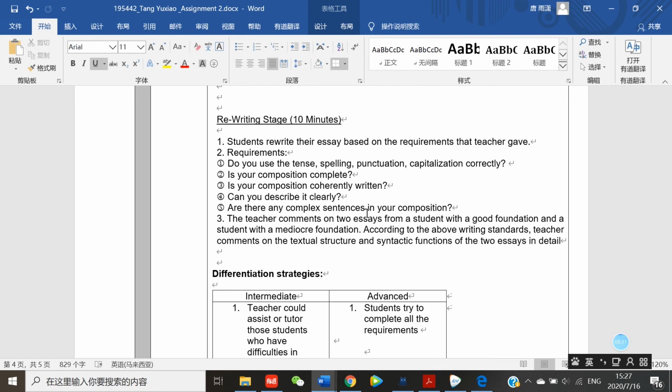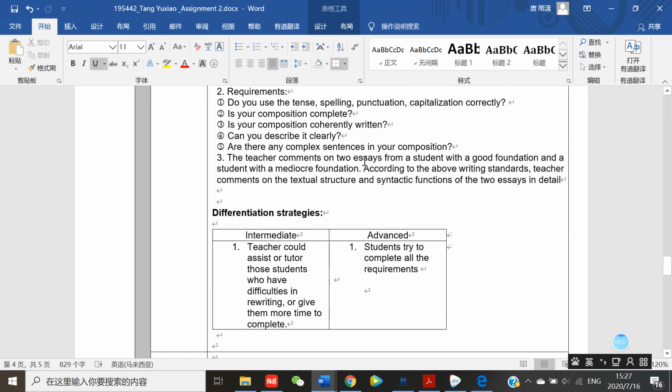So in other words, the teacher needs to compare the different essays and give some suggestions. Why this is a good essay and why this is a normal essay. So for the different levels, we have different strategies.